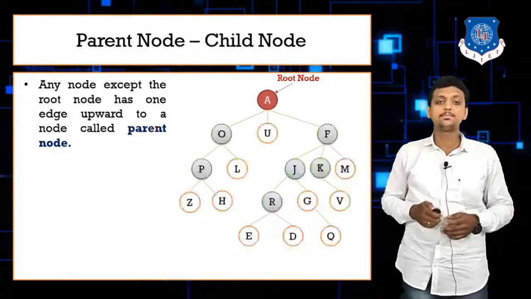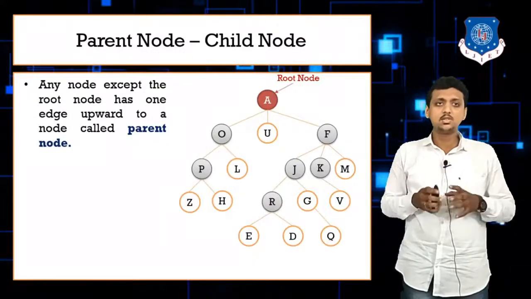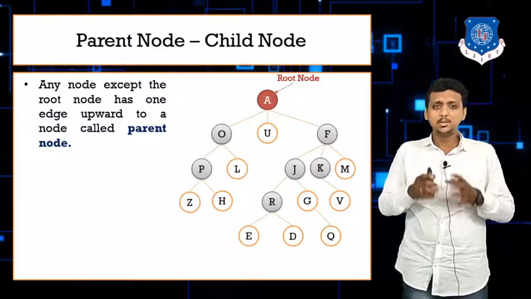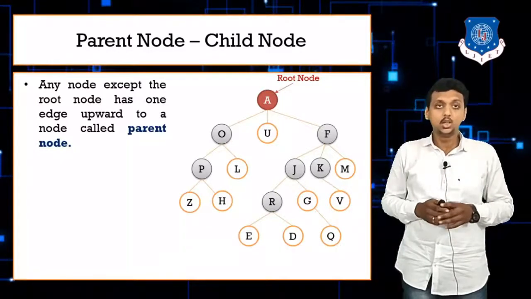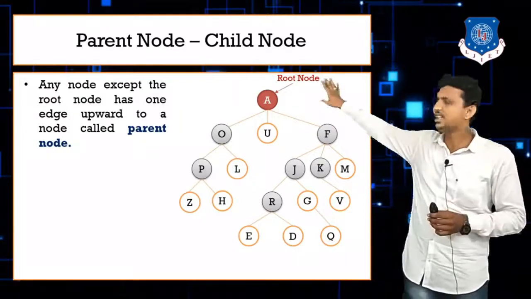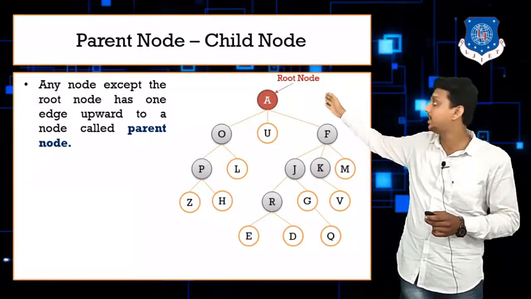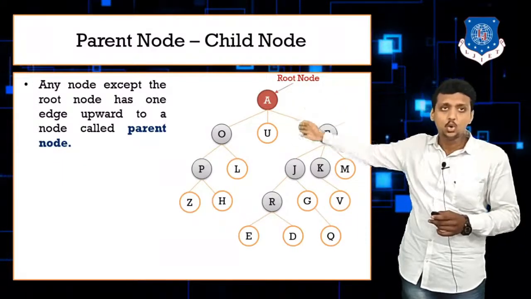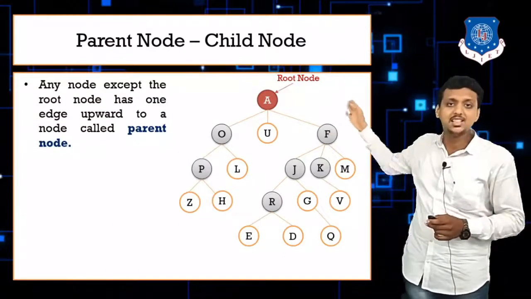Fine. Next, parent and child node relationship. Students, any node except the root node contains one node as a parent node. Here you can see A is a root node. Is A a parent node? Yes, A is also a parent node because it contains O, U and F as its child nodes.